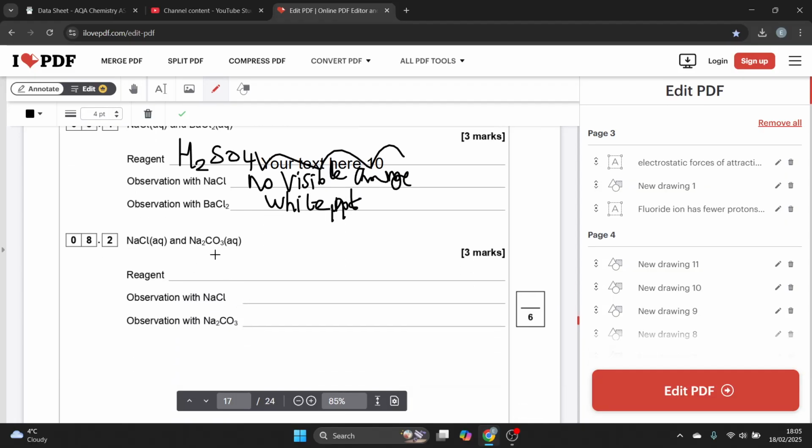Sodium chloride and sodium carbonate. For the reagent, I could use acidified silver nitrate.